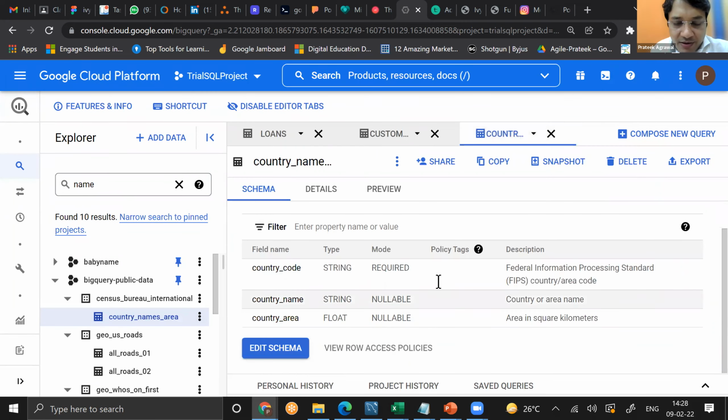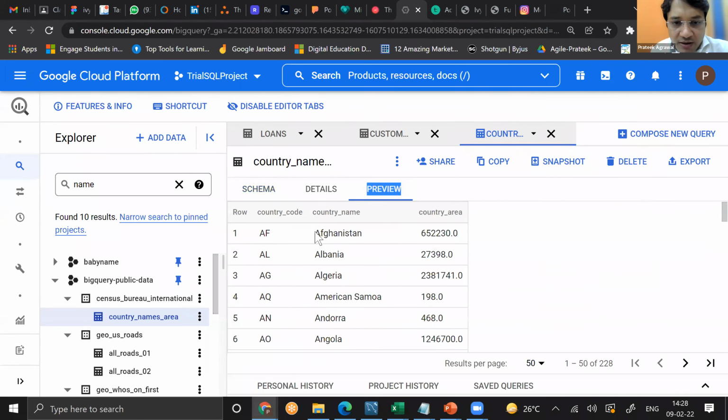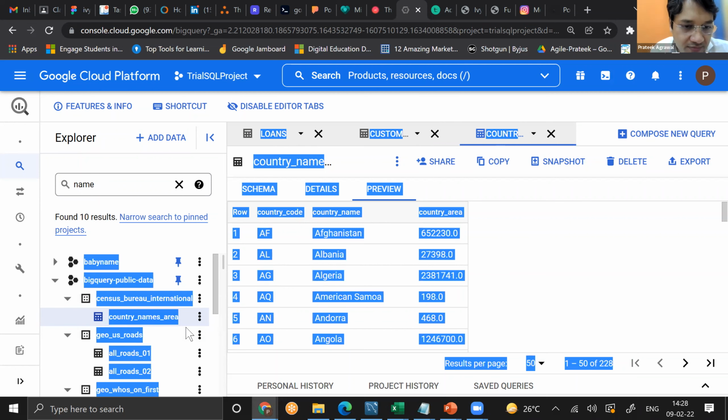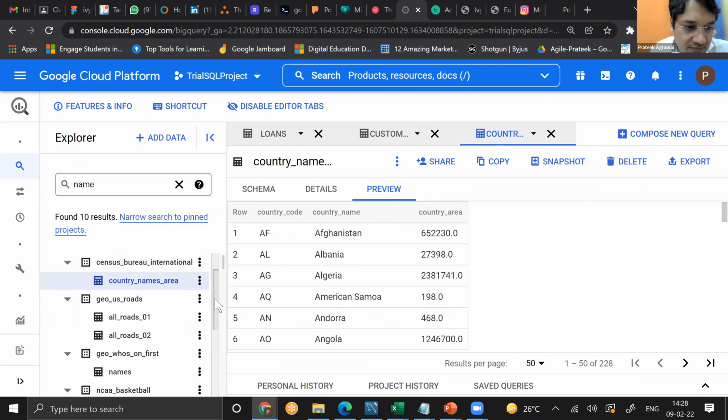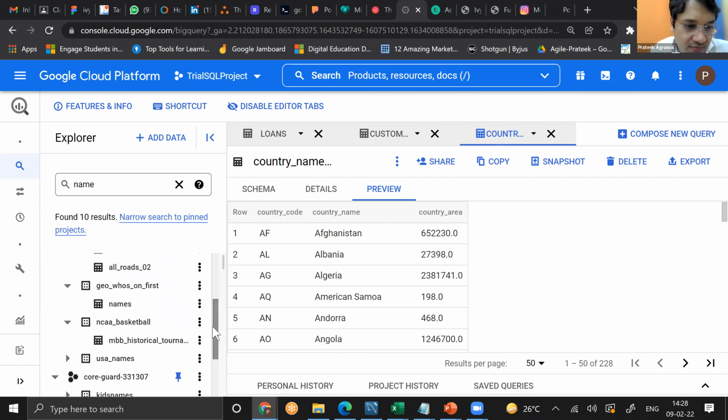Say for example, here, if you notice, we want to understand in which country. Okay, country names, these are not baby names. USA names.